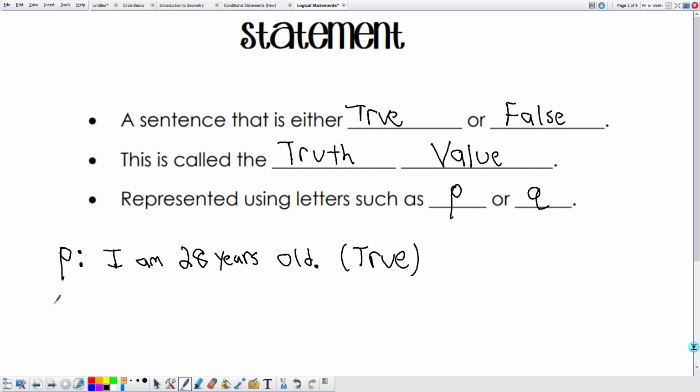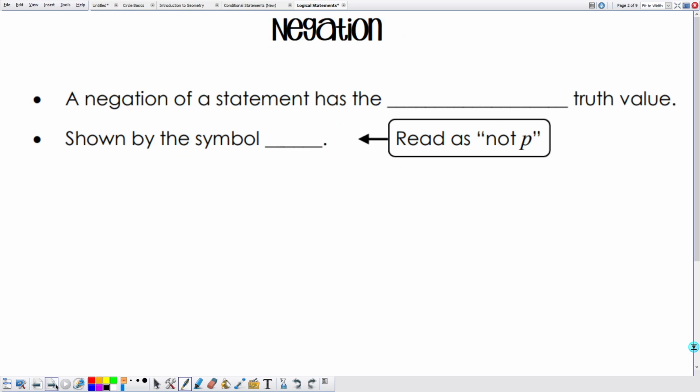So with this idea of a statement, we can then modify statements in a couple of ways, or even join multiple statements together, which we'll see in a little bit. But first, let's talk about how we can modify statements by taking its negation. Negation, like the word negative comes from it.